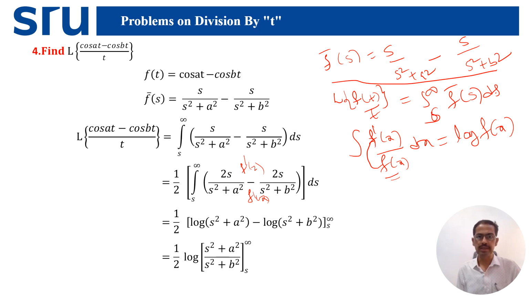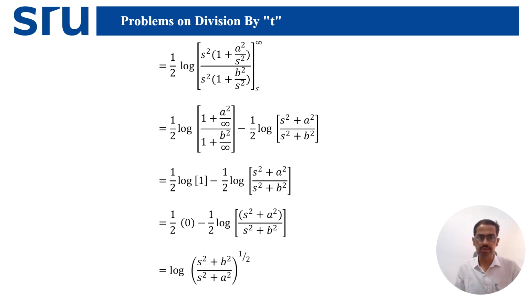Now log m minus log n is log m by n. If you substitute the limits directly, it goes to an indefinite form. So take out s square and cancel it. For the upper limit, log of 1 plus a square by infinity over 1 plus b square by infinity gives log 1, which is 0. Minus the lower limit, we have minus 1 by 2 of this.